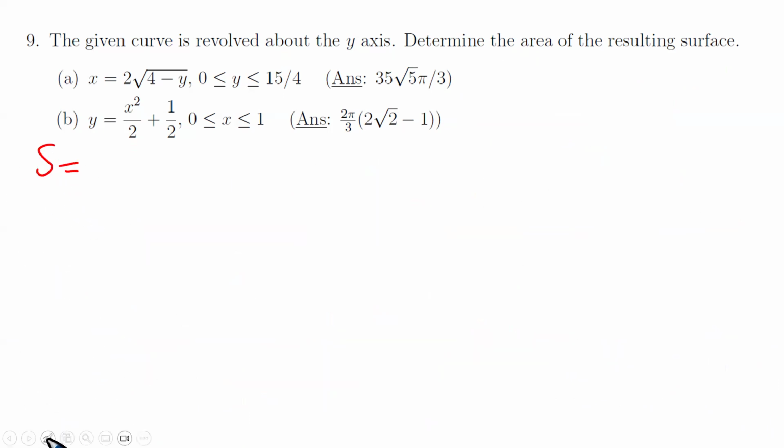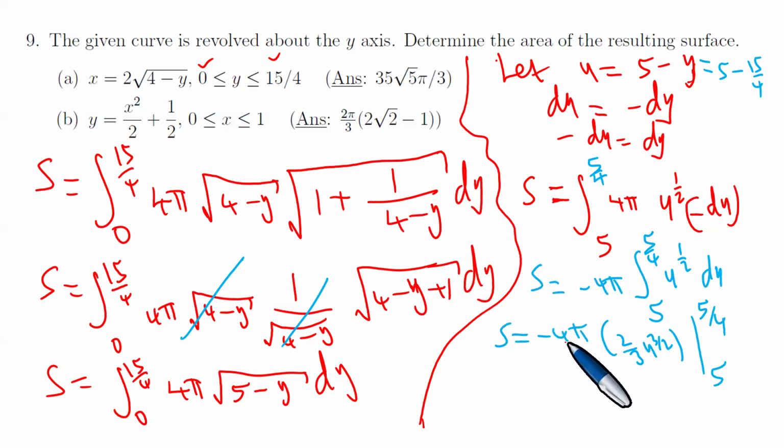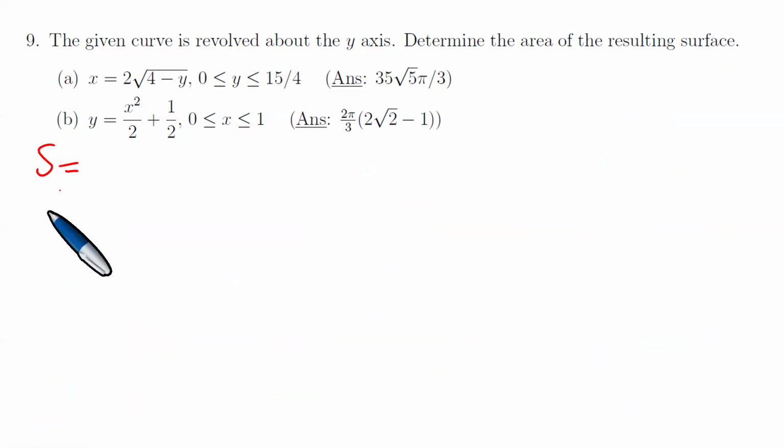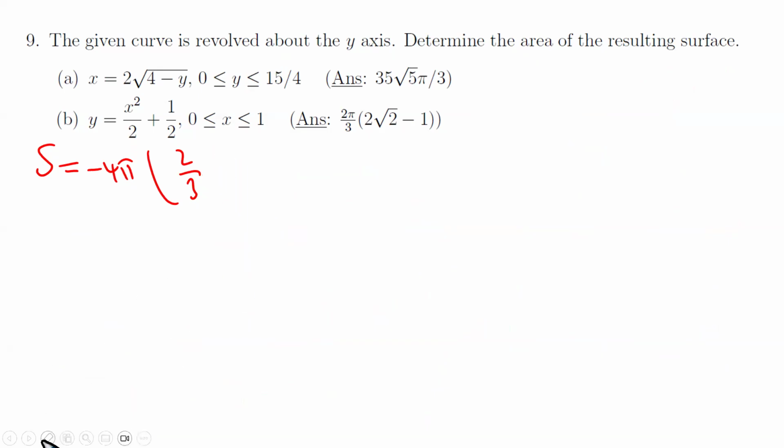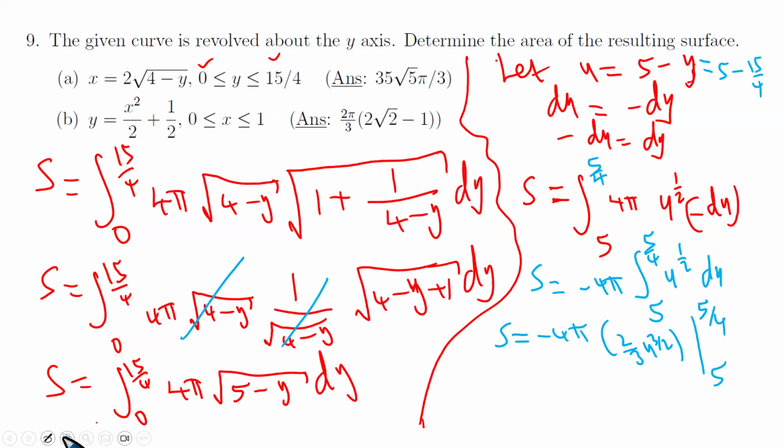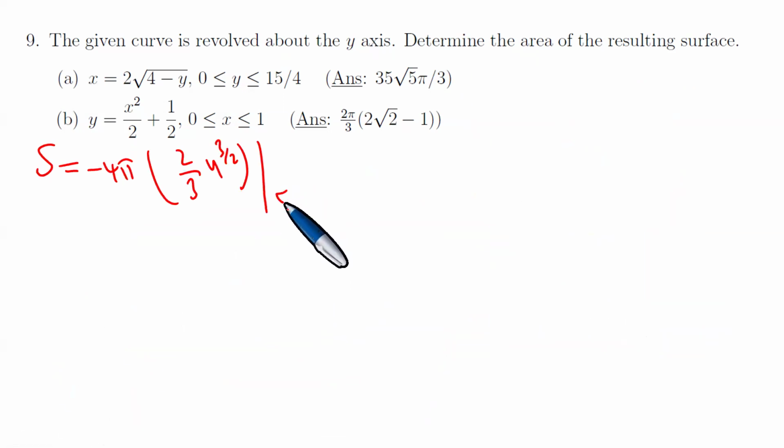The area of the surface is minus 4 pi, and then you have 2 out of 3 u to the power 3 out of 2, then you integrate from 5 to 5 over 4.